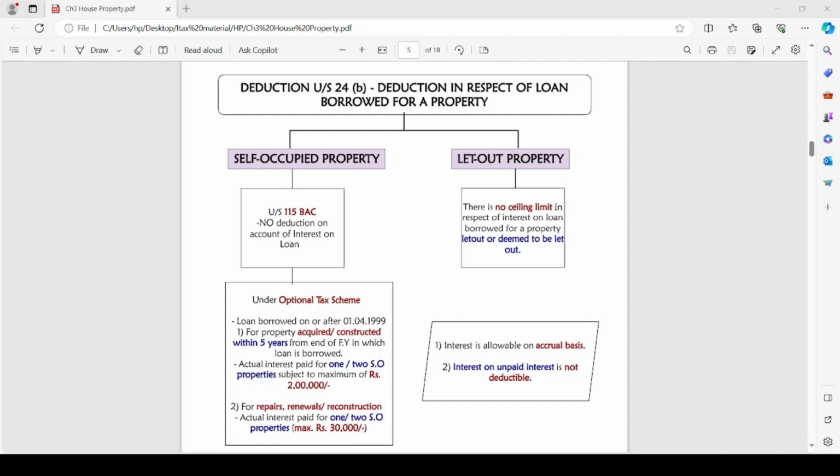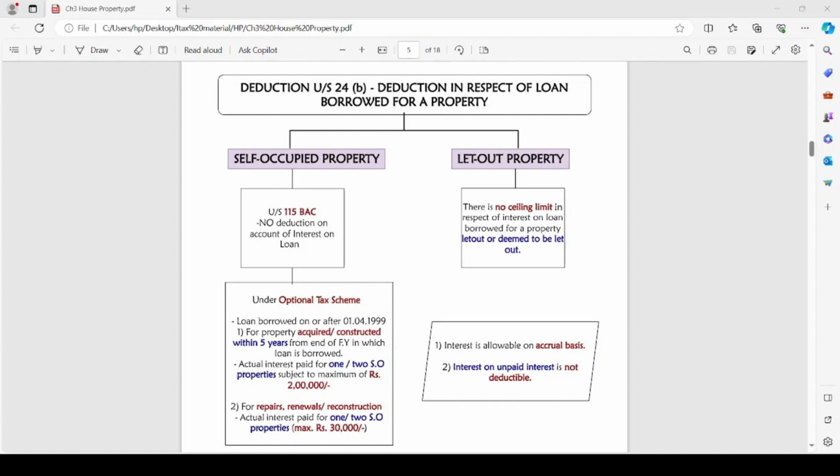But the threshold limit on the amount will be rupees 2 lakh only. He can claim only up to 2 lakhs for self-occupied property which has been acquired or constructed within 5 years, and he can claim deduction for two such self-occupied properties.